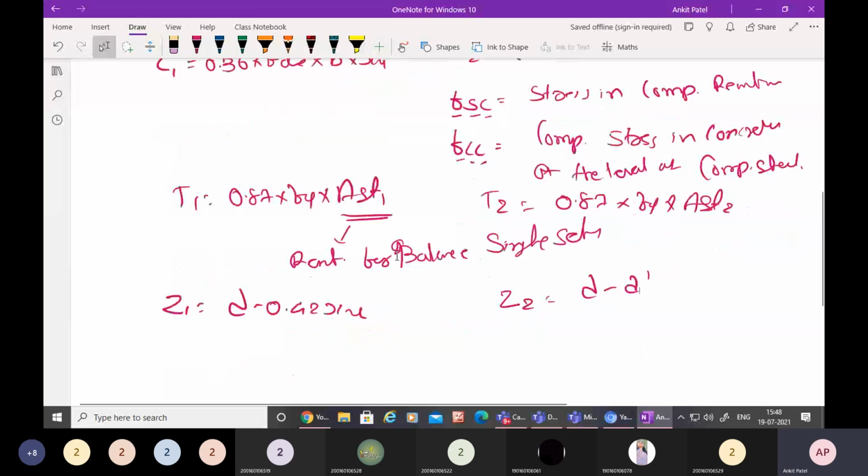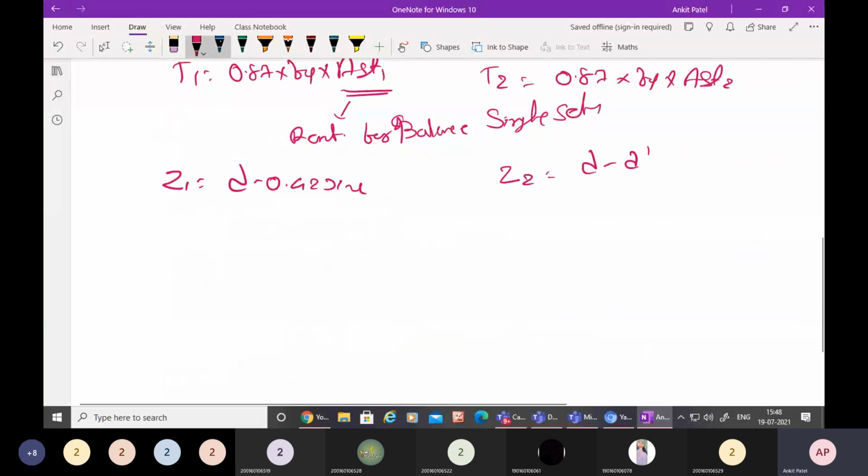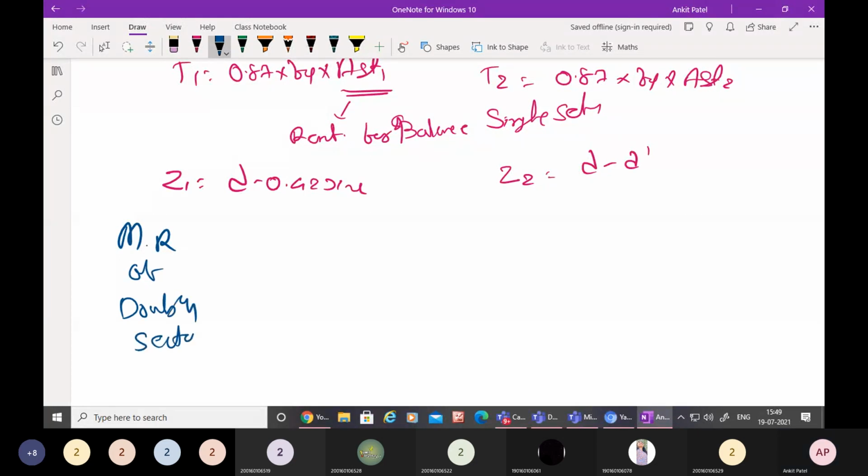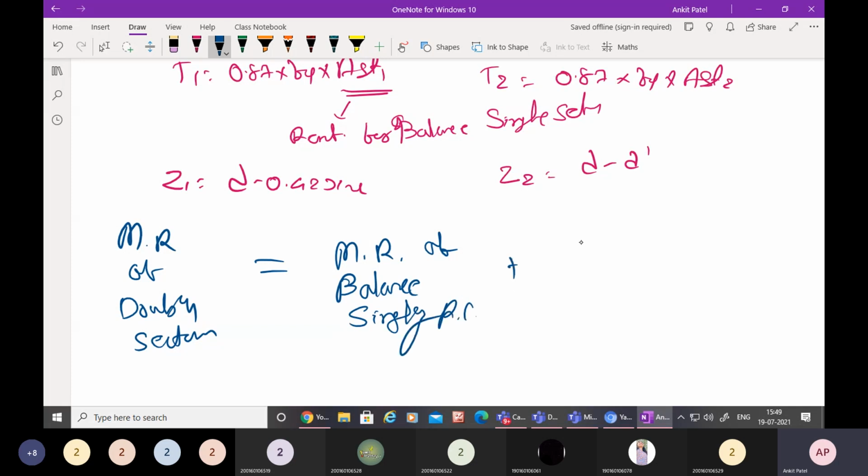Now let's find out the equation of moment of resistance. So I'm going to write down the equation of moment of resistance. The moment of resistance of the doubly reinforced section equals the moment of resistance of the balanced singly reinforced RC section plus the moment of resistance of the auxiliary section.